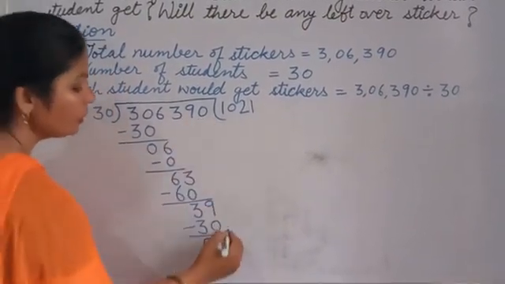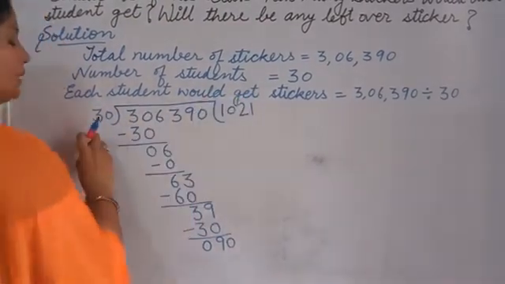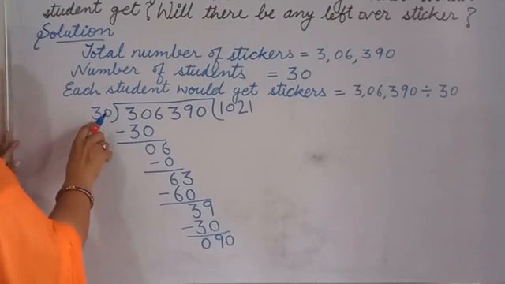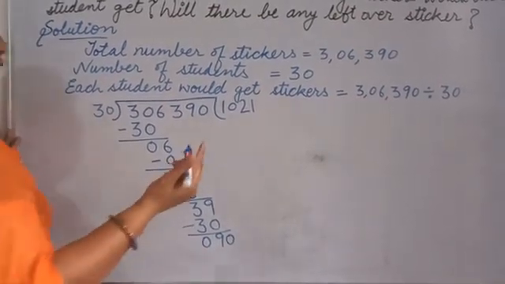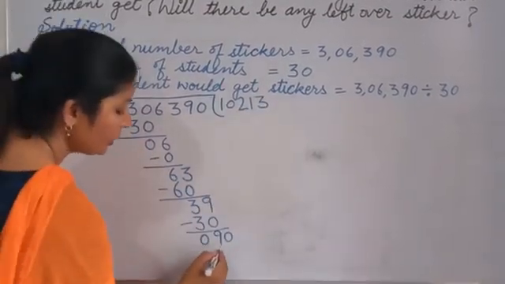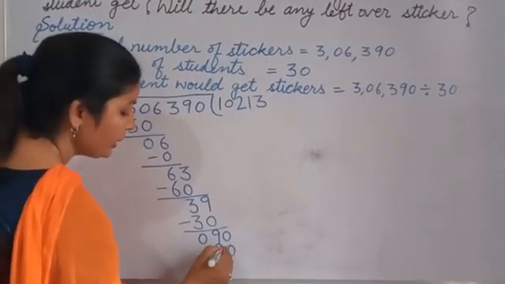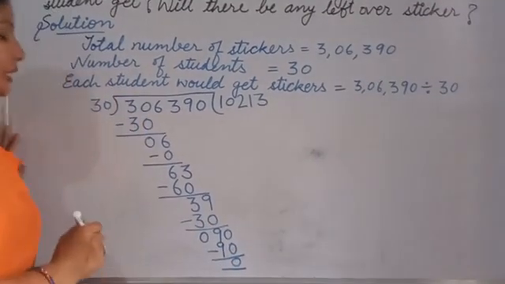Now we note down 0. Again the 30 table. So in the 3 table where is 9? 3 threes are 9. So in the 30 table where is 90? 30 threes are 90. So we take here 90. 90 minus 90 is 0.